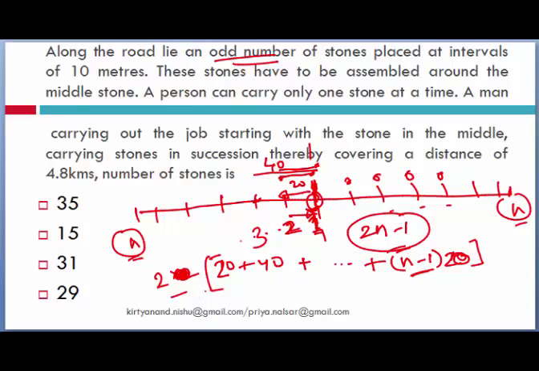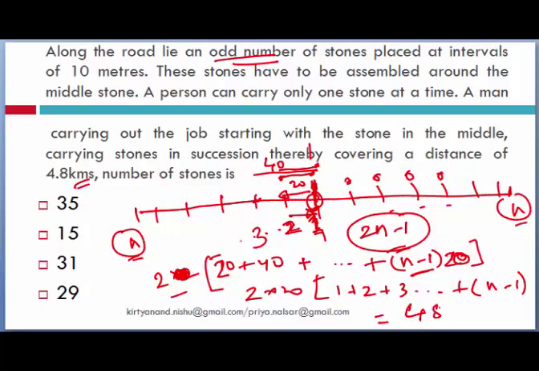Okay, so we'll take it out, and it will become 2 into 20, 1 plus 2 plus 3, n minus 1. Okay, but you also have to understand that this thing is happening on the other side as well, and therefore your total distance will be nothing but 4.8 kilometers.